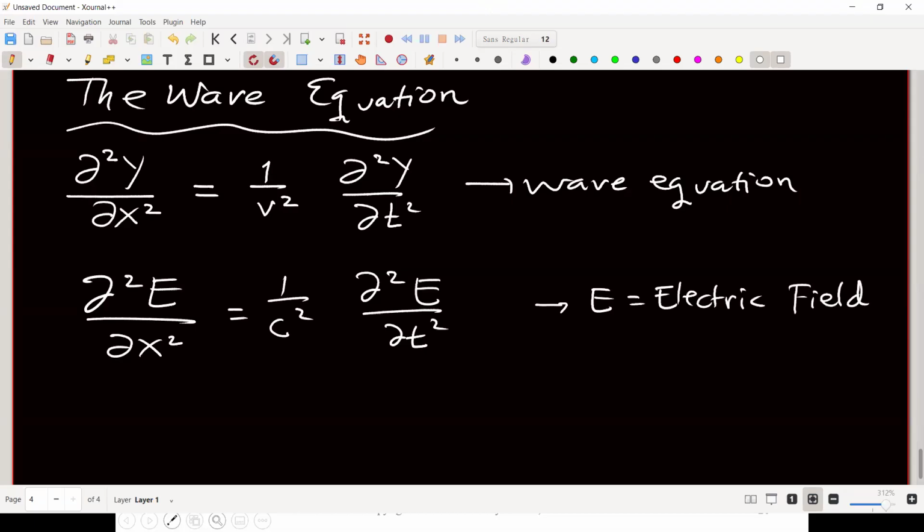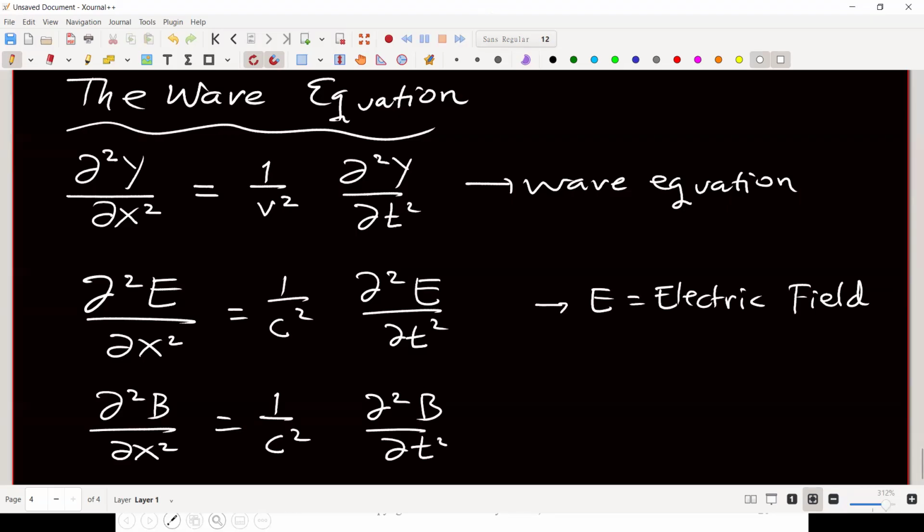But B is the magnetic field. So an electromagnetic wave is the superposition of electric and magnetic waves. Dou square B by dou x square is equal to 1 over c square times dou square B by dou t square, where B is the magnetic field. So this one is the example of wave equation.